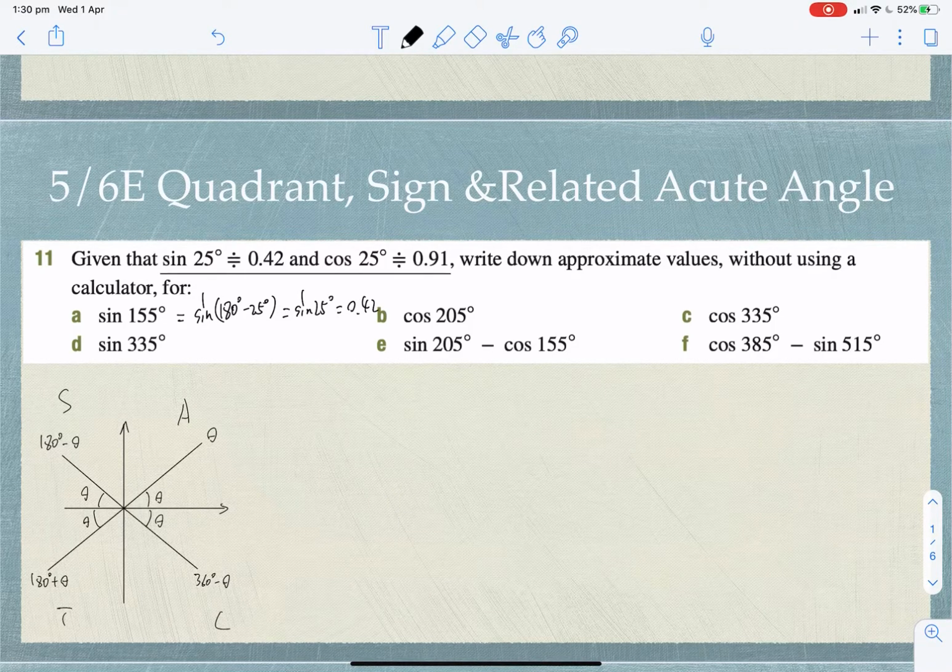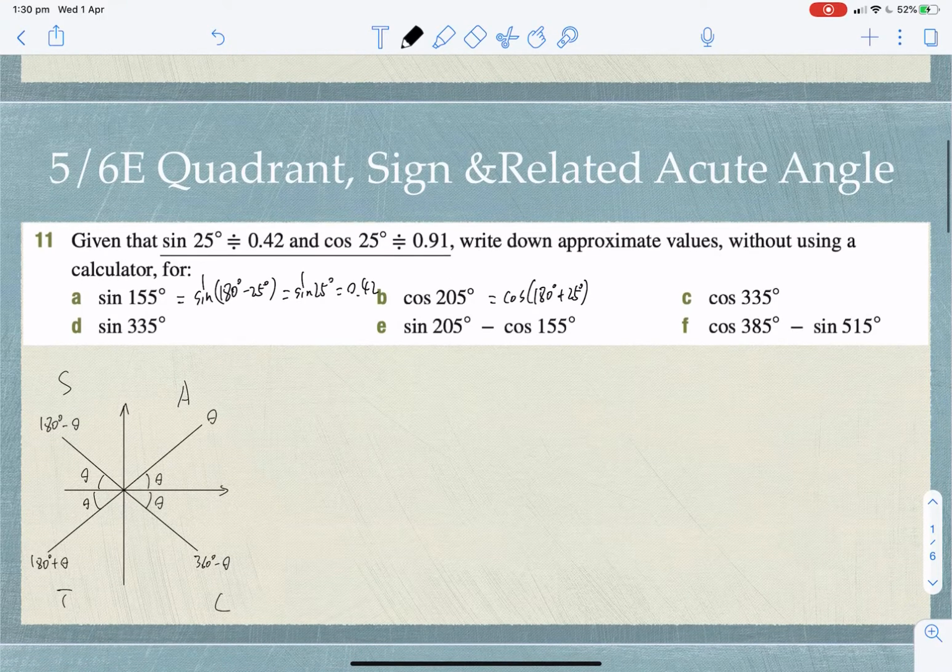The second one, cos 205. Cos 205 happened to be cos 180 plus 25 degrees, which is the third quadrant, which is negative. So negative cos 25 degrees, which is negative 0.91, which is given on top what cos 25 is.